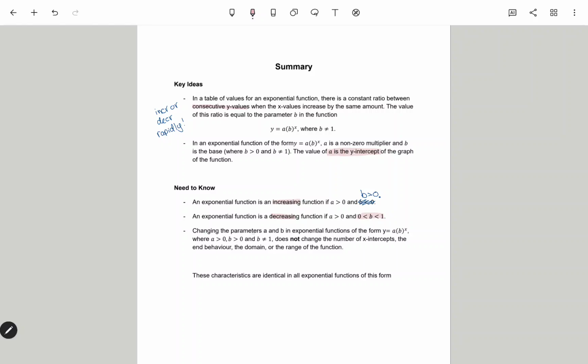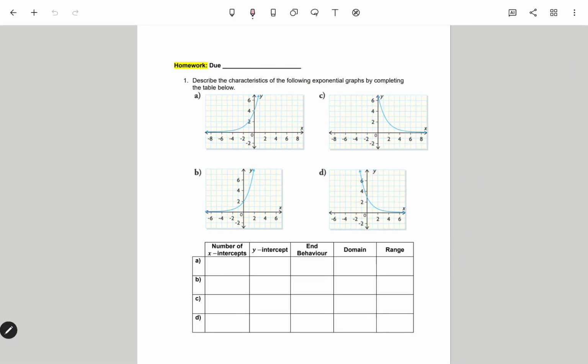So changing the parameters a and b in an exponential function does not change the number of x-intercepts, the end behavior, the domain, or the range. Those four things are always the same. Only the y-intercept and whether we're increasing or decreasing changes. There you have it. That's the end of lesson 2. This is your homework that is due Monday.